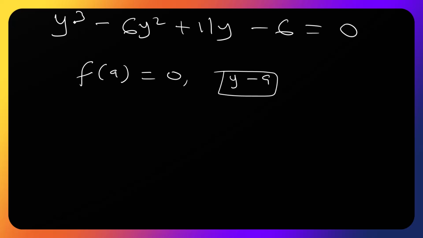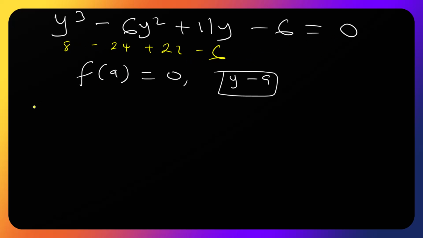2 to the power of 3 will be 8. So we have 8 minus 6 times 2 squared, which is 4 times 6, 24, plus 2 times 11, 22, minus 6. So minus 24 minus 6 is minus 30, and 22 plus 8 is plus 30, so equal to 0.